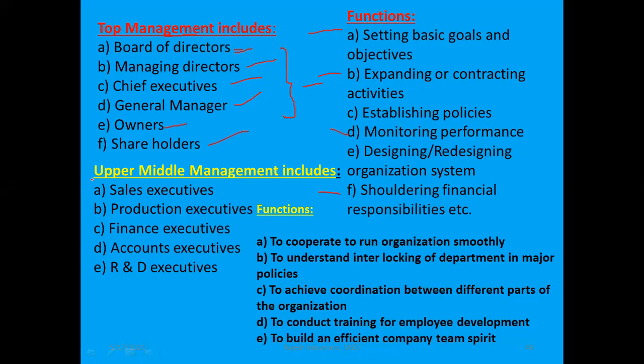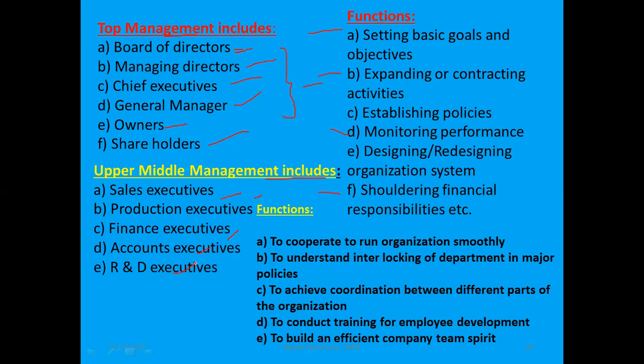Next, the second one, the upper middle management system. Just below the top level management, you have the upper middle management. Here we have sales executives, production executives, finance executives, accounts executives, and R&D executives.